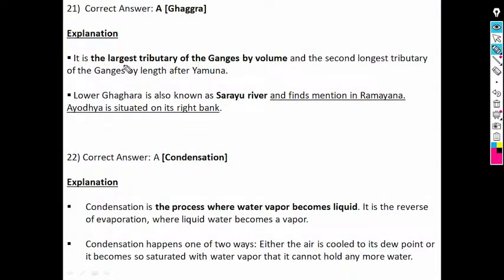Ghagra, you see, is the largest tributary of the Ganges by volume and the second longest.